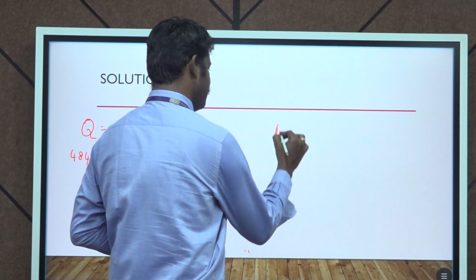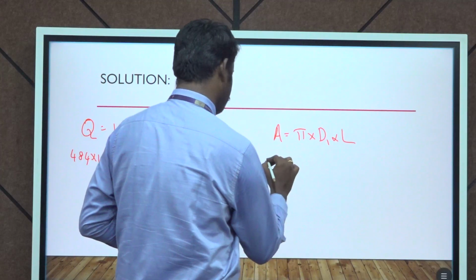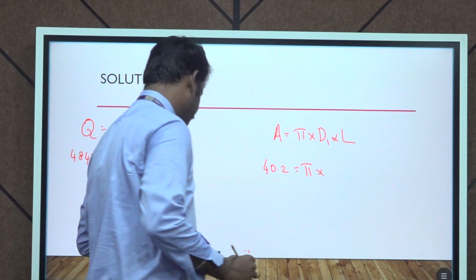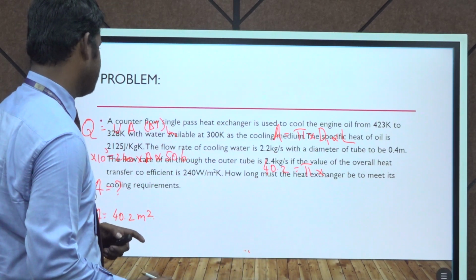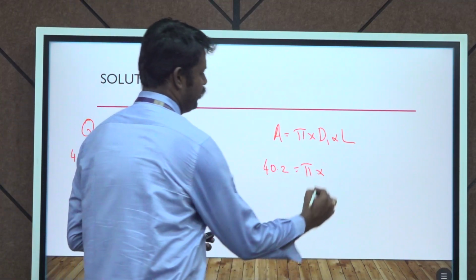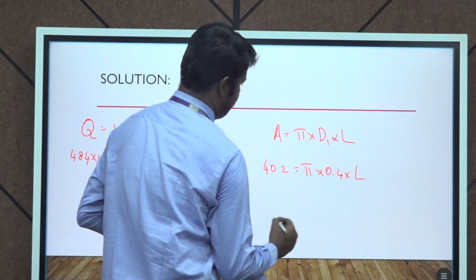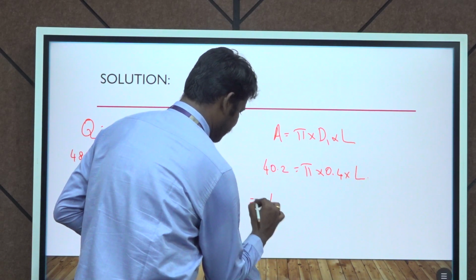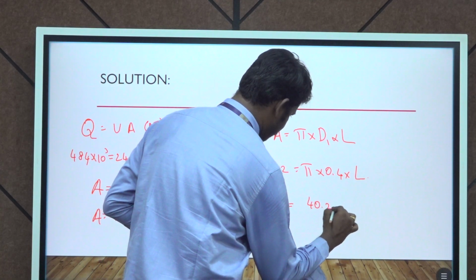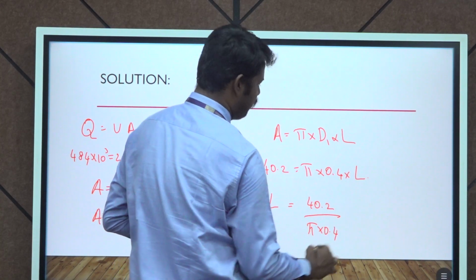Next, since this is a cylindrical surface, the area formula will be A is equal to pi d L. So, 40.2 is equal to pi into d, the d value is given as 0.4 meter, into L. When we calculate this, L will be equal to 40.2 divided by pi into 0.4.